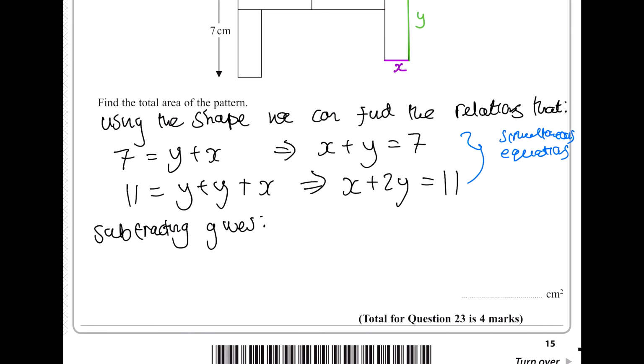So we get x minus x gives 0, 2y minus y gives you y, and 11 minus 7 gives you 4. And substituting that back into here, what we can get is that x is equal to 7 minus y, which equals 7 minus 4, which is 3.